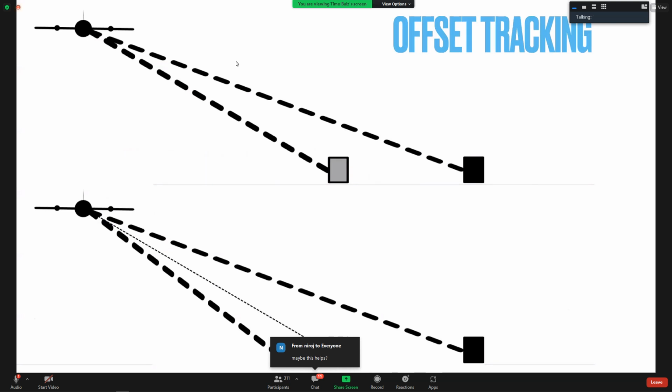So in offset tracking, what we are doing is also rather simple to understand. What we typically do, we have one reference point. So let's say the black one is a reference point where we say, okay, this point is stable. Right now we're looking at motion actually.